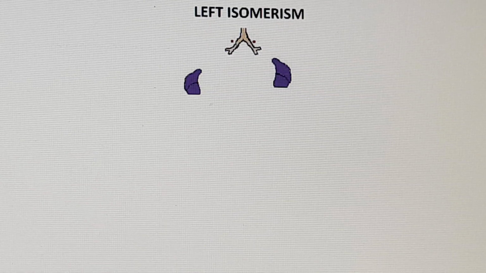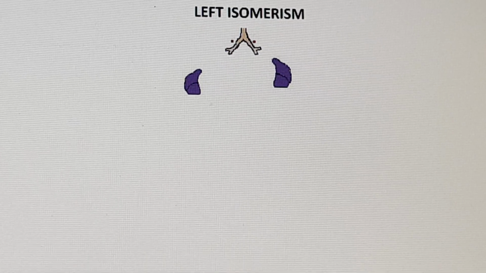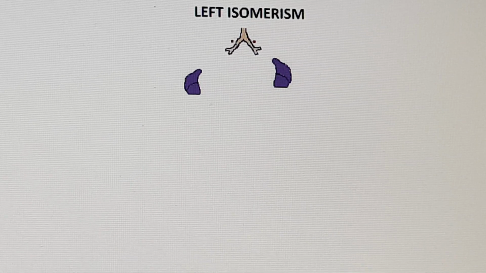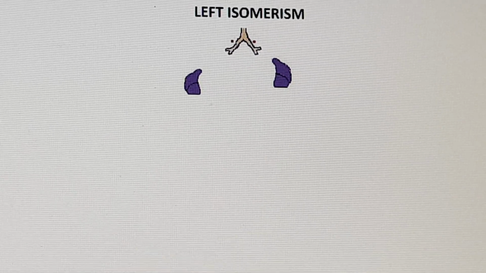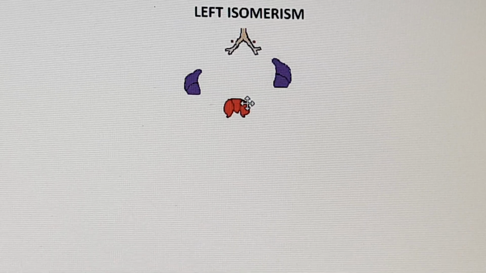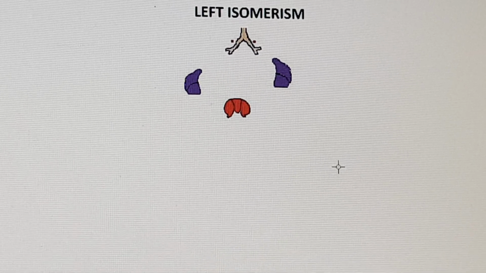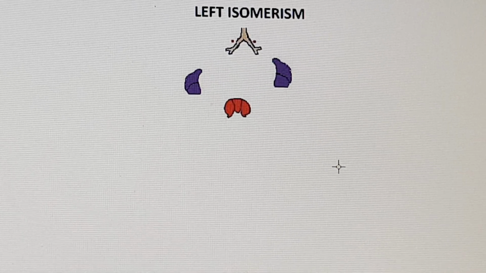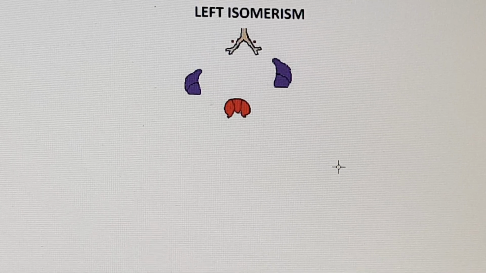One second. So here we have the cardiac anatomy with both the atria finger like and symmetric. So we have bilateral left atrial appendages.